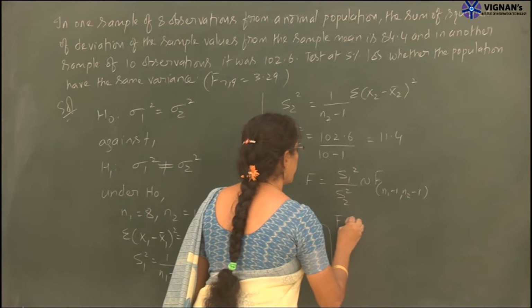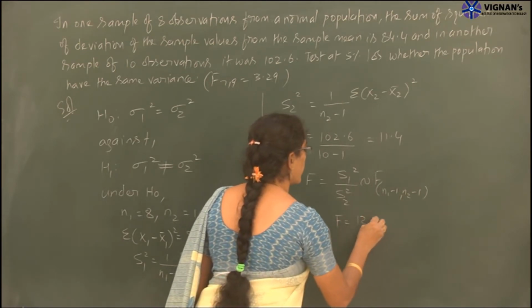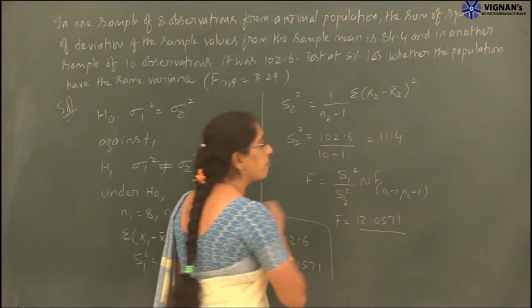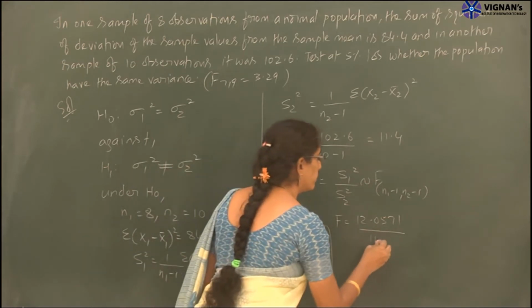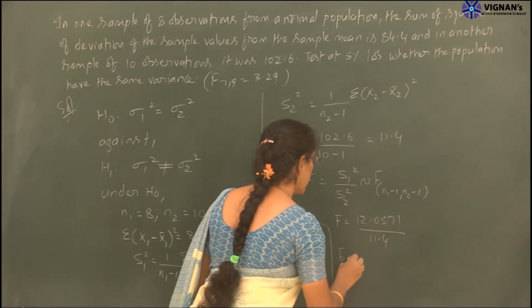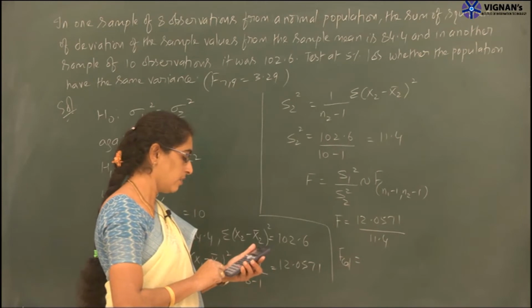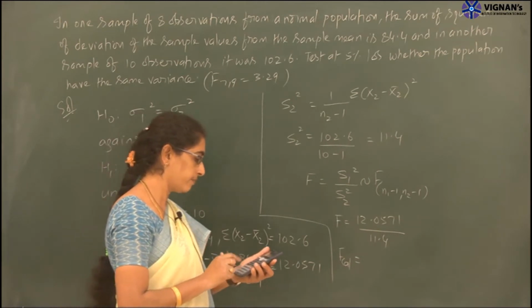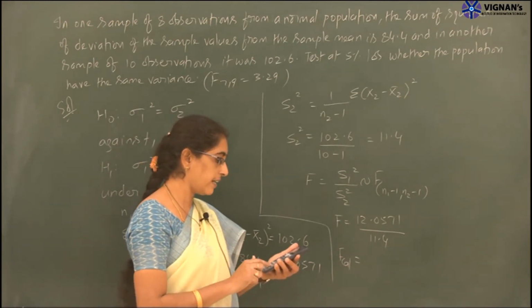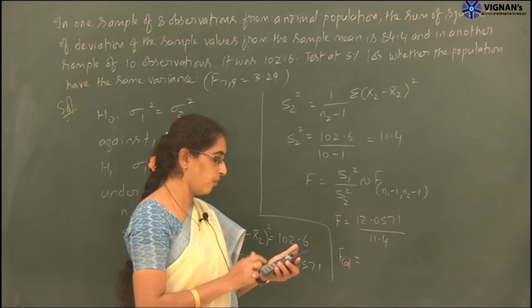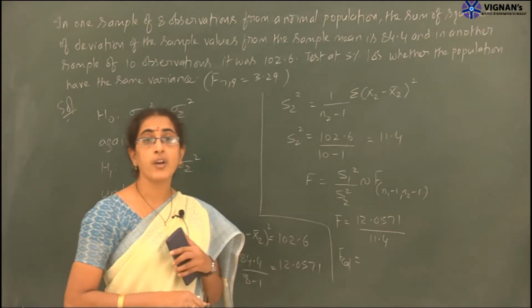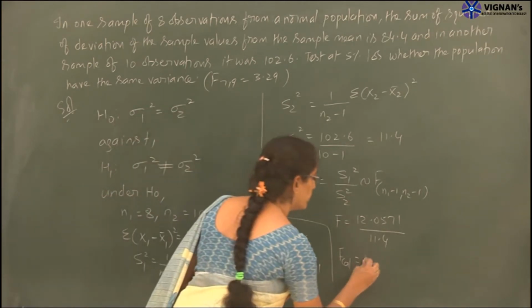So F equals 12.0571 divided by 11.4. The F calculated value is 1.0576.